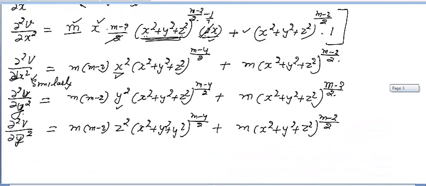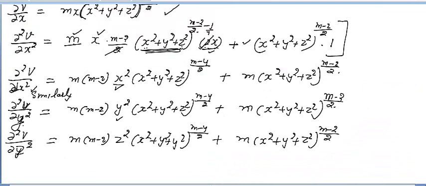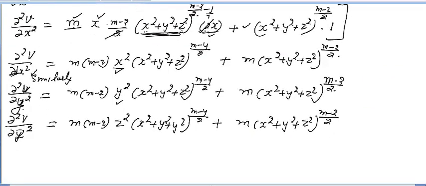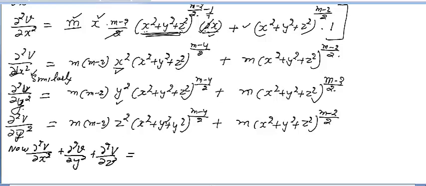We will add all these terms. So I'm going to add now curl square v curl x square plus curl square v curl y square plus curl square v curl z square. Now very interesting to see.